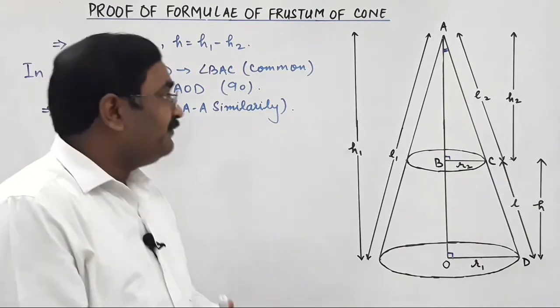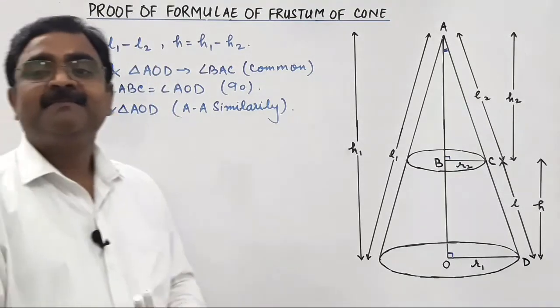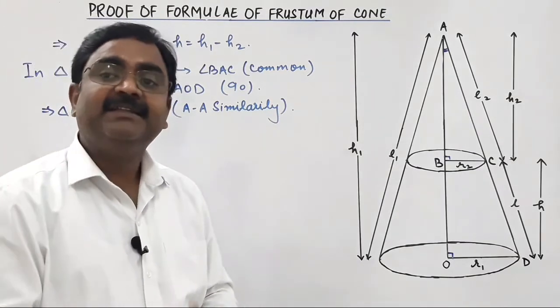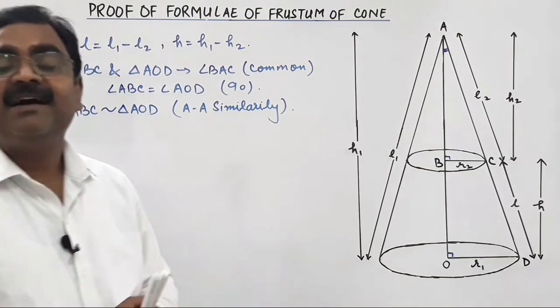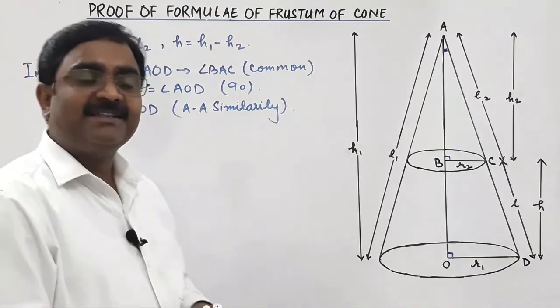Now, if these two triangles are similar, then their corresponding sides are in the same ratio.